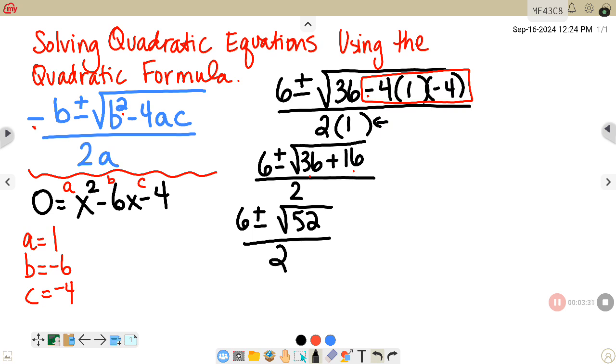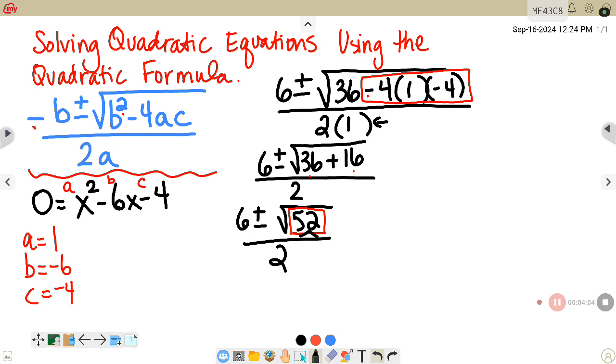Now, sometimes you could be done at this point. Unfortunately, on this problem, your radicand, which is the number that's underneath your square root, can be simplified because it has a factor, which means a number that goes into it evenly that is a perfect square, which means I can take the square root of it and get a whole number. So let's see how this is going to break up.